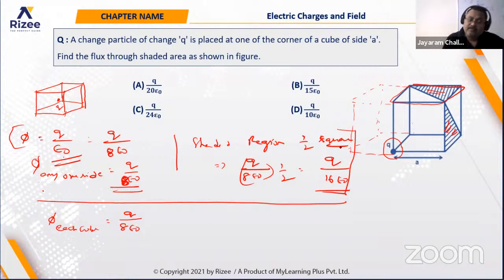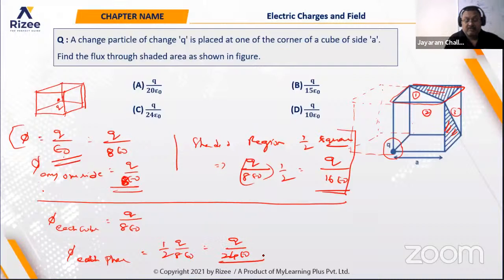How many faces will be exposed outside from each cube? First face, second face, third face, only 3 faces are exposed outside. That means the flux through each face will be 1/3 of q by 8 epsilon naught, which is q by 24 epsilon naught. This is the flux coming through each face.